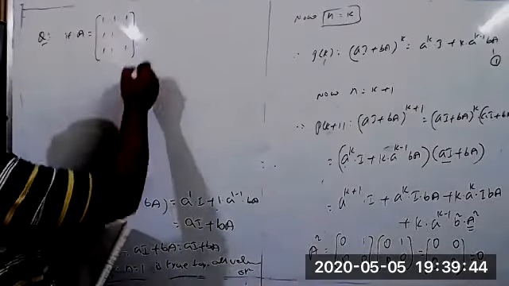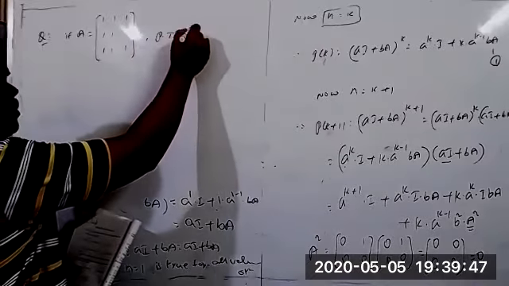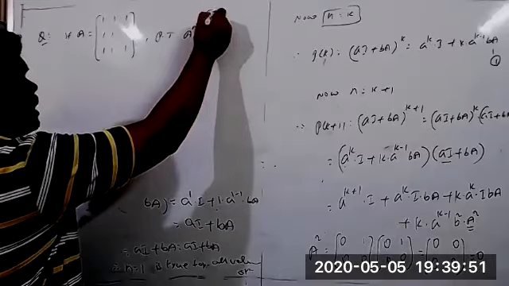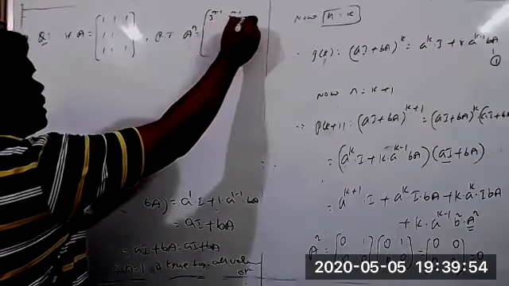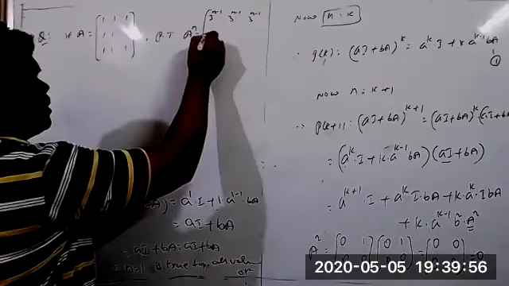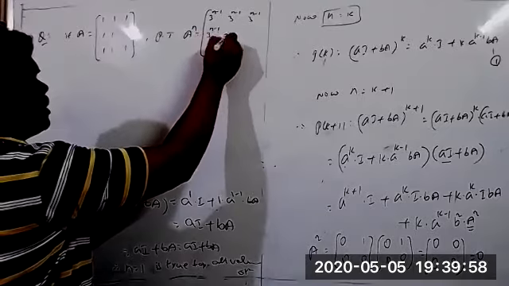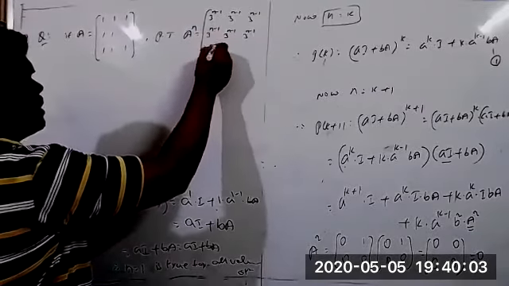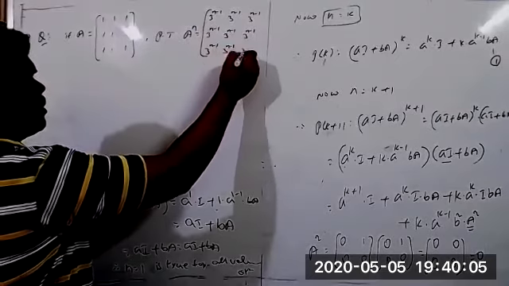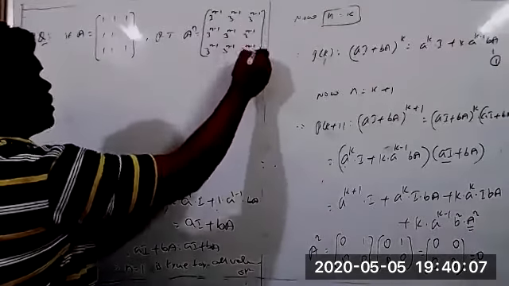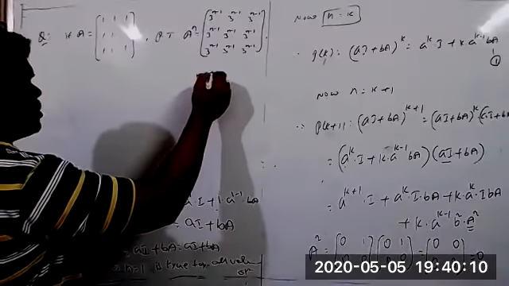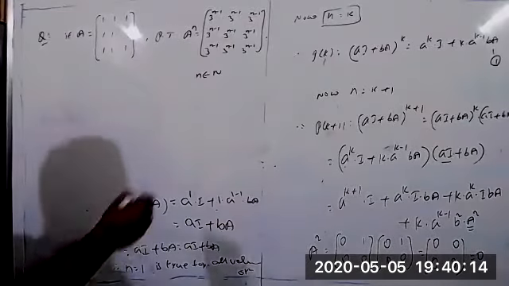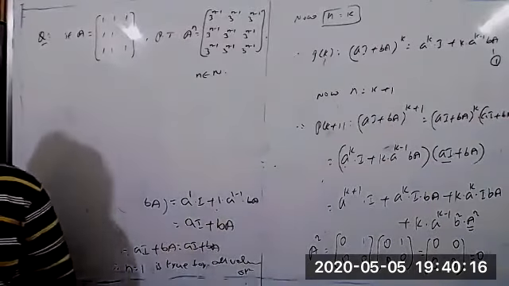Prove that A power N equals the matrix with every element 3 power N minus 1, where N belongs to the natural numbers. This is the problem.